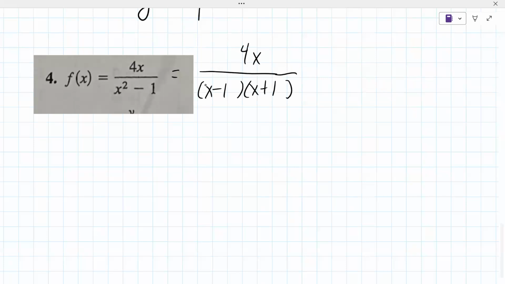Now the vertical asymptotes are going to be x equals 1 and x equals negative 1.